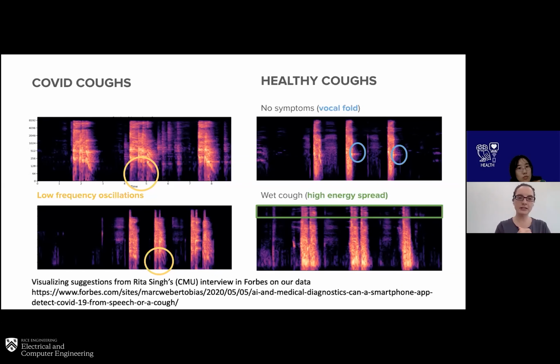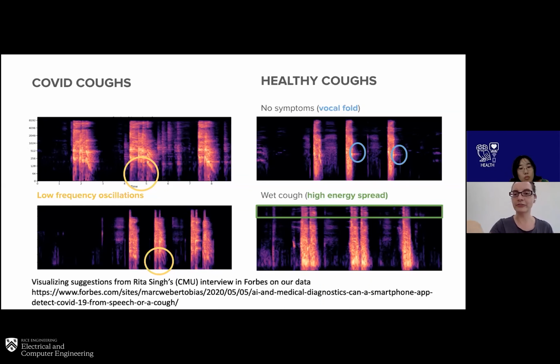So these are the spectrograms of our data, our coughs, where we tried to represent what she meant in that work. As you can see on the top right, a normal cough has activity of the vocal folds immediately after the cough happens. This is 3 coughs, by the way, because our data is collected as 3 coughs per user.